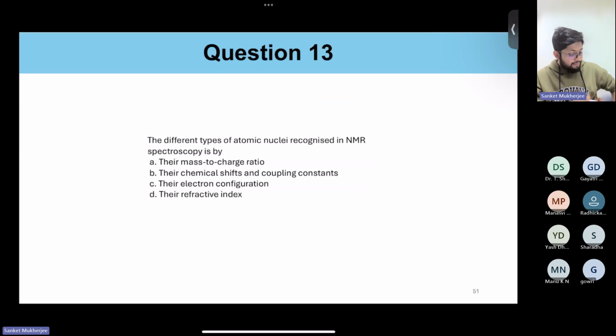Question 13, the different types of atomic nuclei recognized in NMR spectroscopy is by their mass to charge ratio, their chemical shift and coupling constants, their electronic configuration, or their refractive index. What would be the answer?